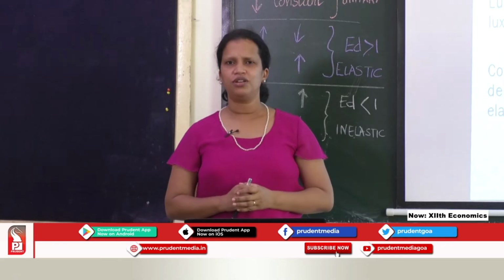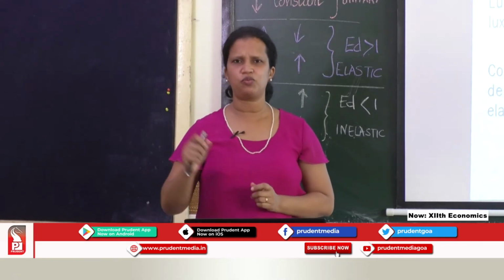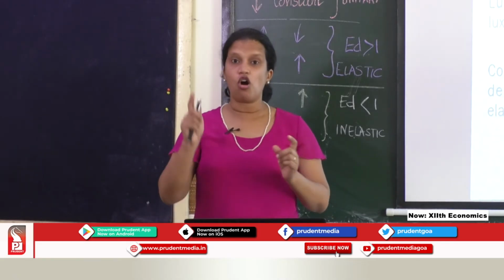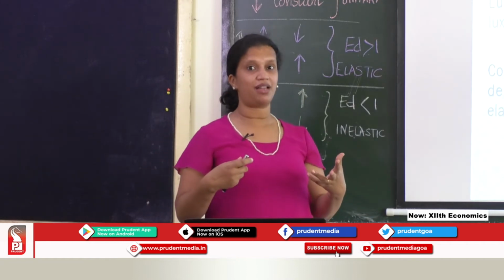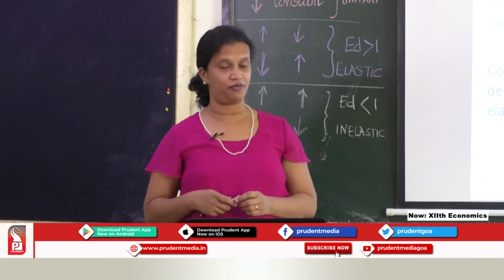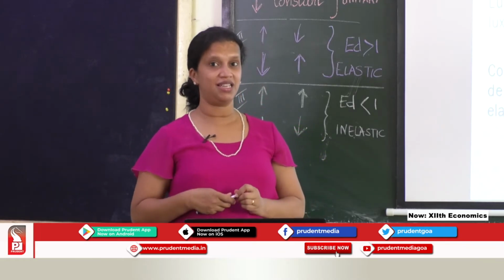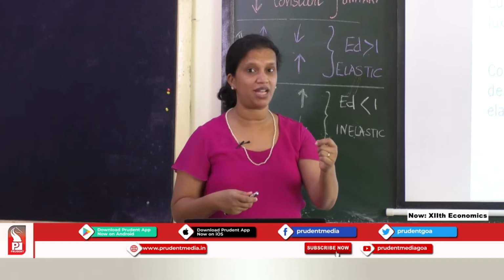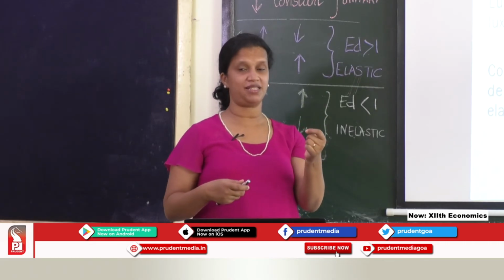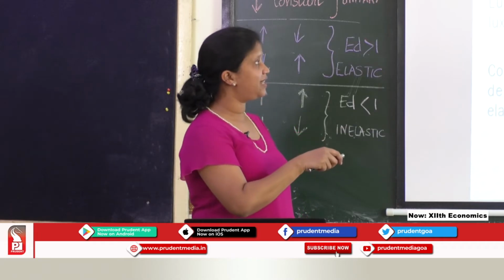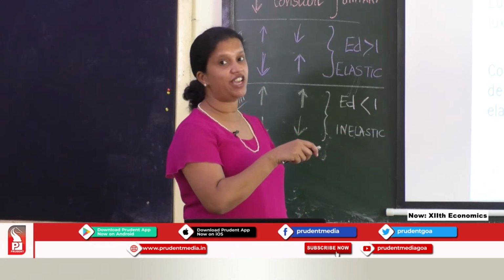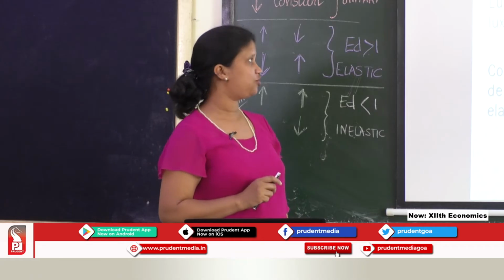For some time you may say, okay, I will postpone, I won't buy it right now. Or sometimes we wait for offers from car companies, and those are the times we go to buy the cars. So, you are reacting to a price change, to an offer price, and that is why your demand increases. So, these goods have a relatively elastic demand. They are very sensitive to a price change.